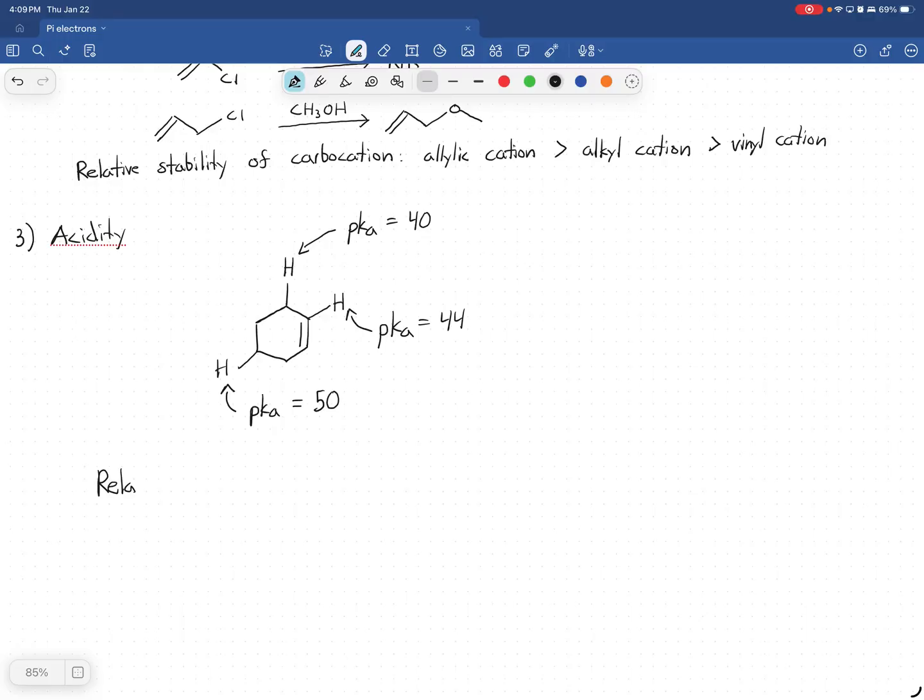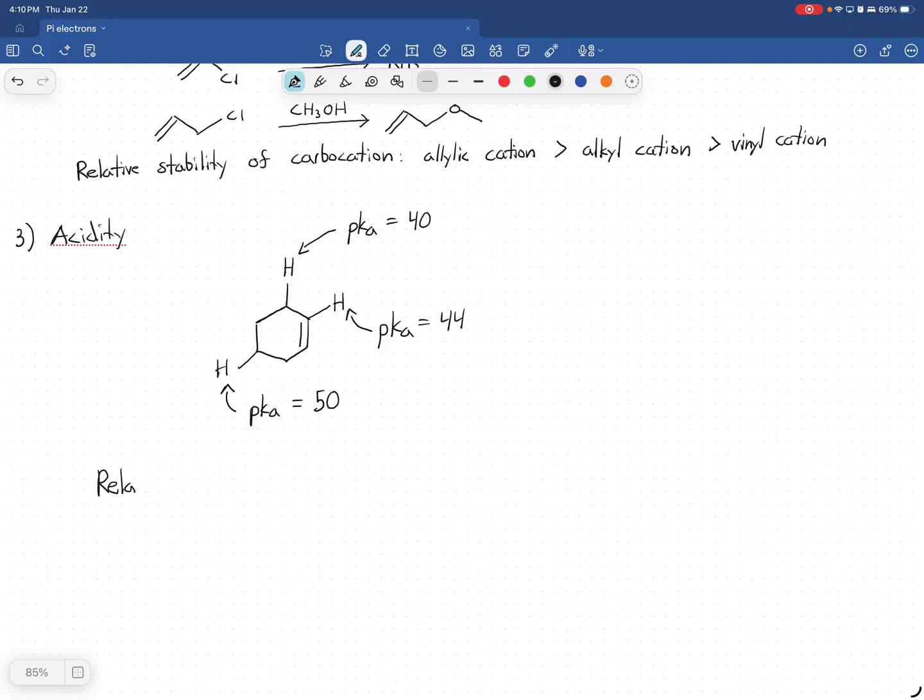The allylic position, or the alkane hydrogen right next to the double bond, right? That's the one. If the hydrogen is twice removed, or two carbons away from the alkene, it looks like it's just a normal alkane. So there's definitely something in the structure that makes this hydrogen next door to the alkene very special.